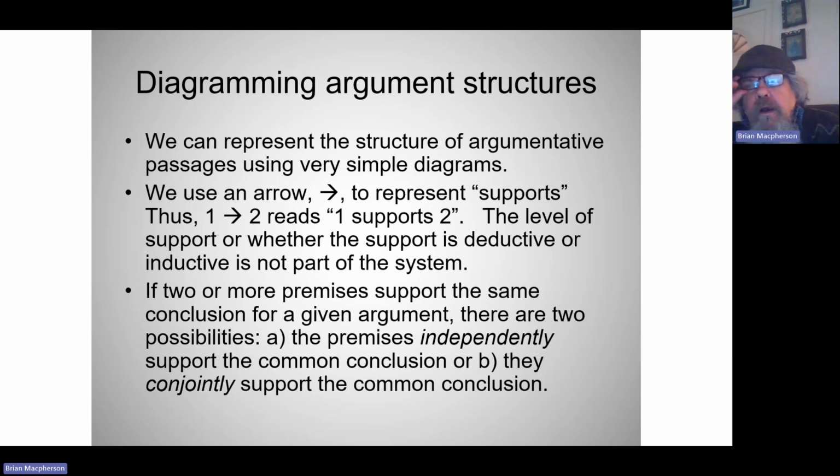So, for example, hypothetical syllogism, if P then Q, and if Q then R, therefore if P then R, right? Also constructive dilemma, if P then Q, and if R then S, P or R, therefore Q or S, right?